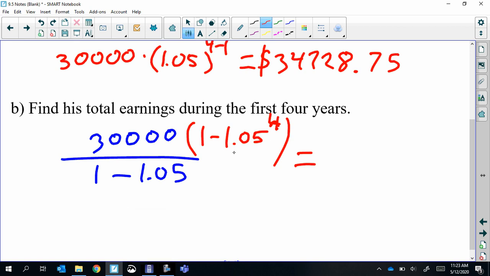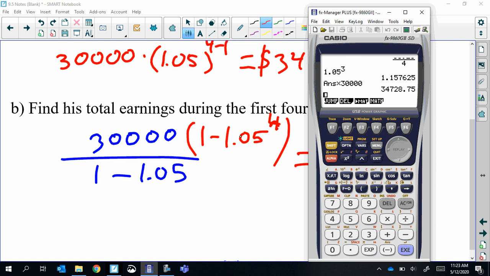So let's multiply this out. Let's do the parentheses first, 1.05 to the 4th. And it's 1 minus that answer. Times 30,000.